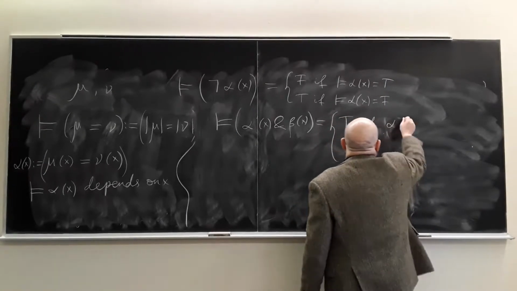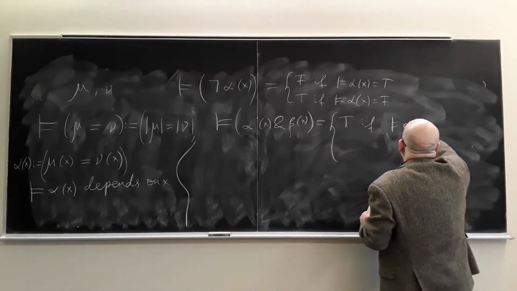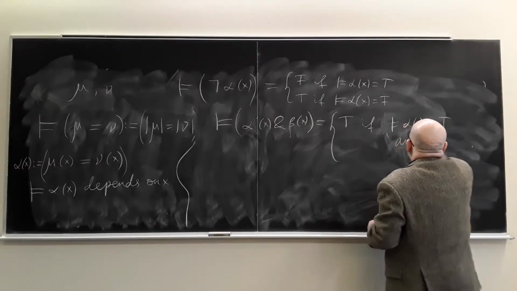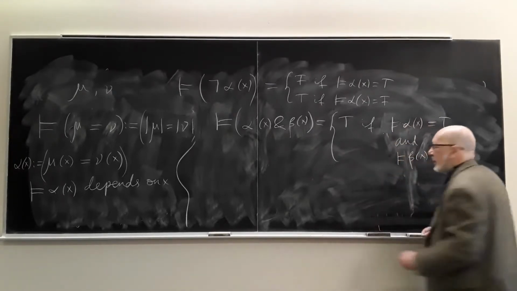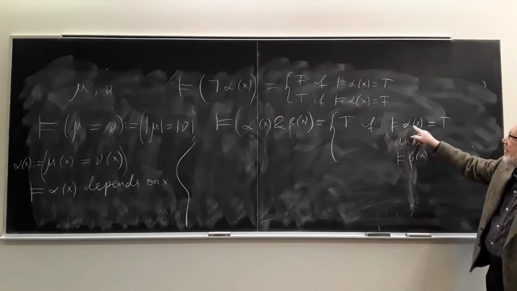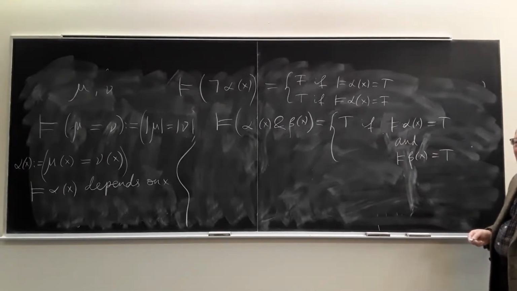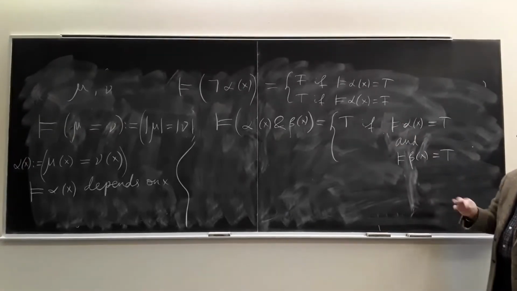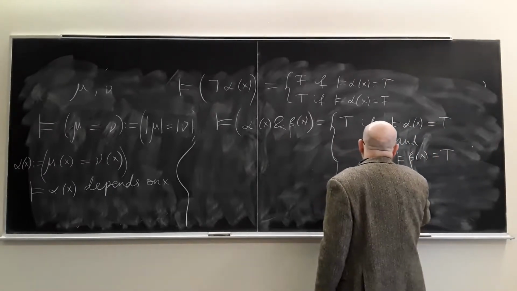If alpha of x is t, and usually we omit this equals t. So if you write it, it can be read as alpha of x is true. So this itself is true or false, and false otherwise.